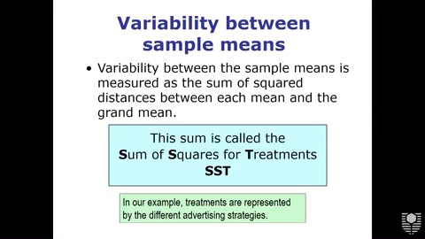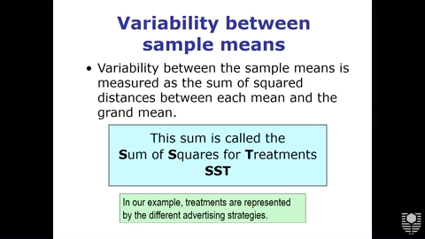Variability between sample means is measured as the sum of squared distances between each mean and the grand mean. How to find that? We calculate it by the summation of squares of treatments.